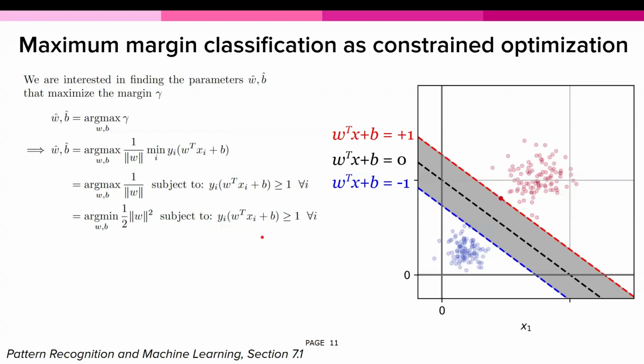This is especially convenient because a quadratic optimization problem with linear constraints has a unique minimum. So there's a single optimal solution where the weights and bias maximize the margin and provide the most robust decision boundary possible.